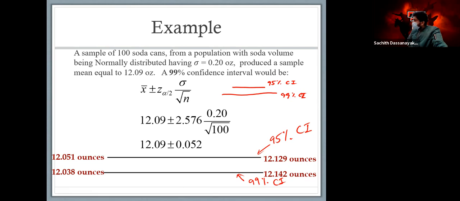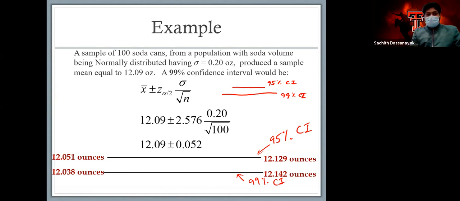Clear? So the idea here is, once you increase the confidence level, 90, 95, 99, the gap between the lower bound and upper bound of that particular interval is increasing as well.